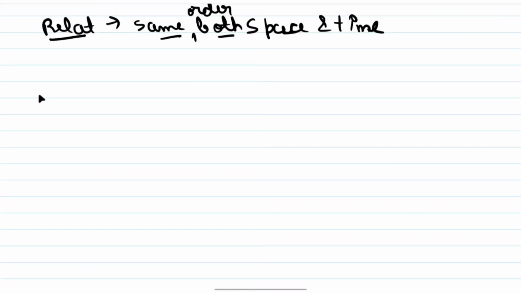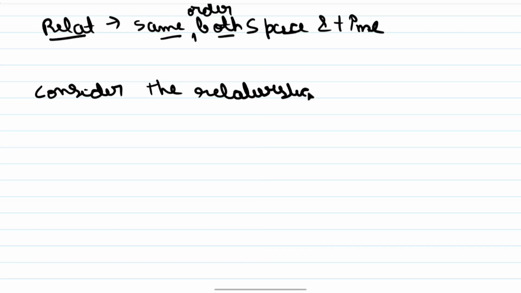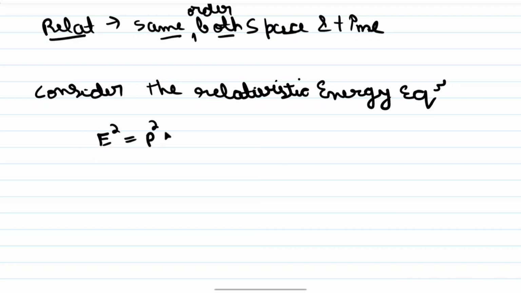So what we are going to do is consider the relativistic energy equation. The relativistic energy equation is E square equals p square c square plus m square c power 4.